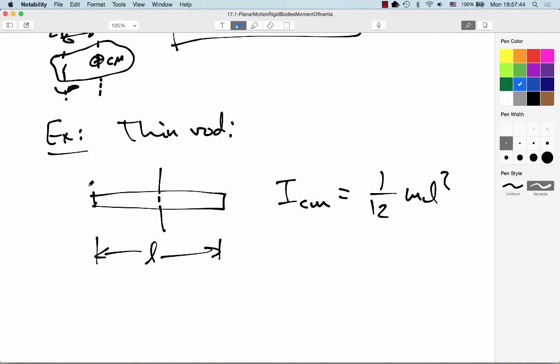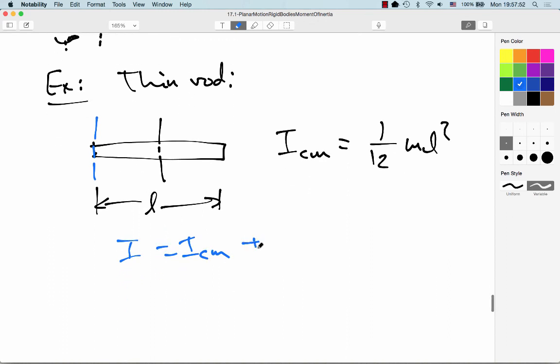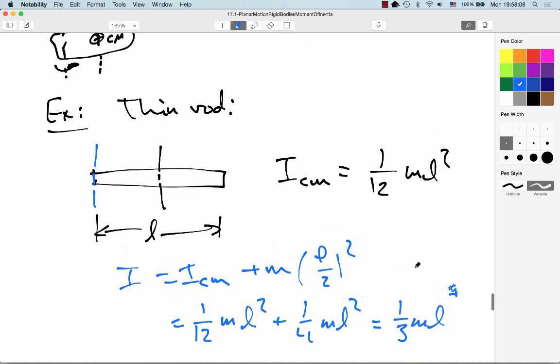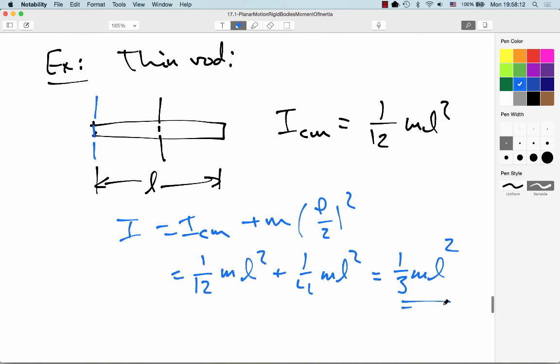Now, if we were interested instead in doing it about the end, then I equals ICM plus m times this distance, which is L over 2, squared. So it'll be 1/12 ml squared plus 1/4 ml squared, which equals 1/3 ml squared, which beats taking the integral again.